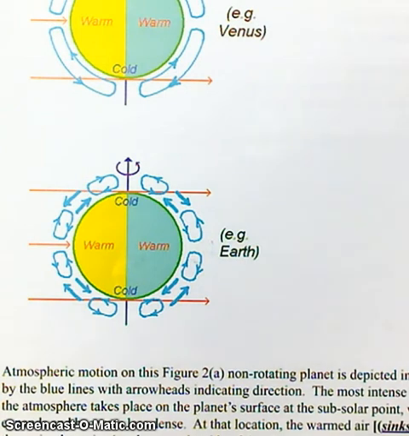Figure 2C shows that the intense heating in the tropics initiates rising air currents, and at upper levels the air moves to higher latitudes while being deflected to the right in the northern hemisphere or to the left in the southern hemisphere. By about 30 degrees north or south, the upper level air would be flowing either east or west and essentially piling up because it's turning because of the Coriolis effect.